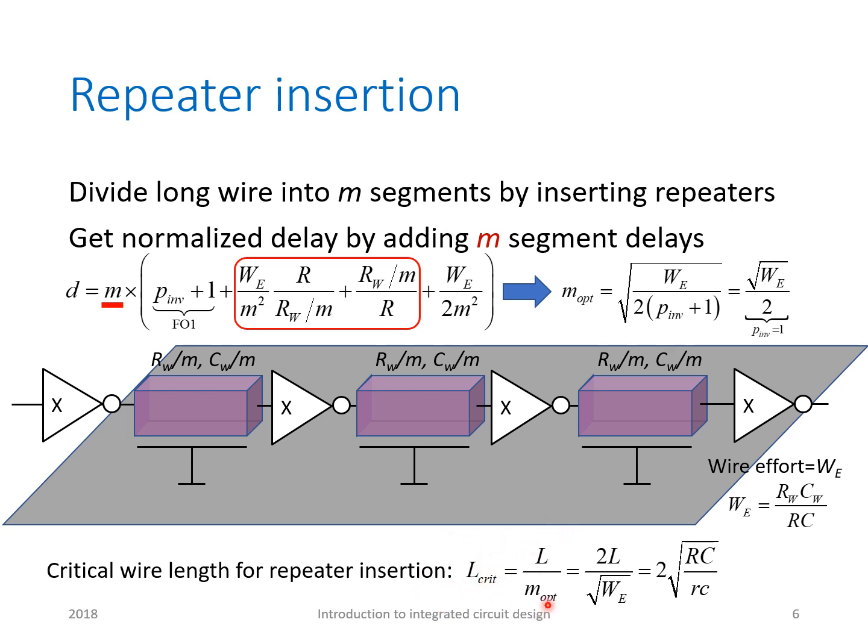Take the wire length and divide it by the optimal number of segments. It can be rewritten as 2L divided by the square root of the wire effort, or 2 times the RC product of the inverter, divided by the RC product per unit area of the wire.